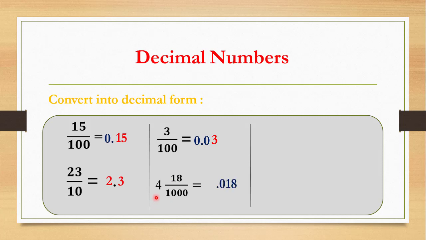So this part is 18 thousandths, and the whole number is 4. 4.018, or 4 and 18 thousandths. In the same way, 15 and 25 over 100 is 15.25. The last one, 7 and 2 over 1000, will be 7.002. Okay?